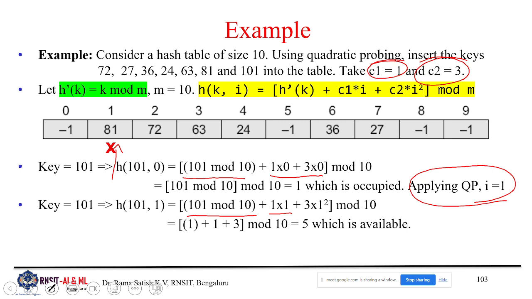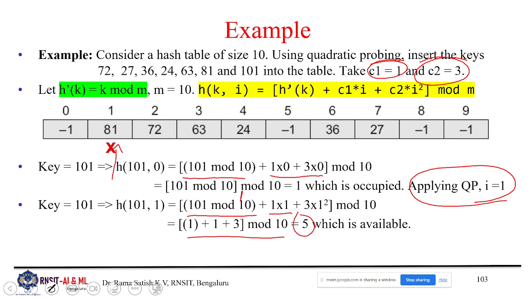So you multiply 1 into 1, and C2 value 3 into 1 squared. Altogether, 101 mod 10 is 1, so 1 plus 1 is 2, 2 plus 3 is 5, so 5 modulus 10 is 5.